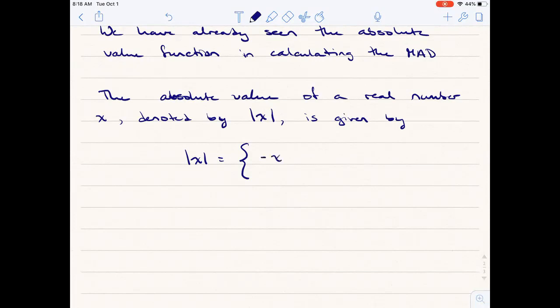It'll take the value negative x if x is less than 0, and positive x if x is greater than or equal to 0.